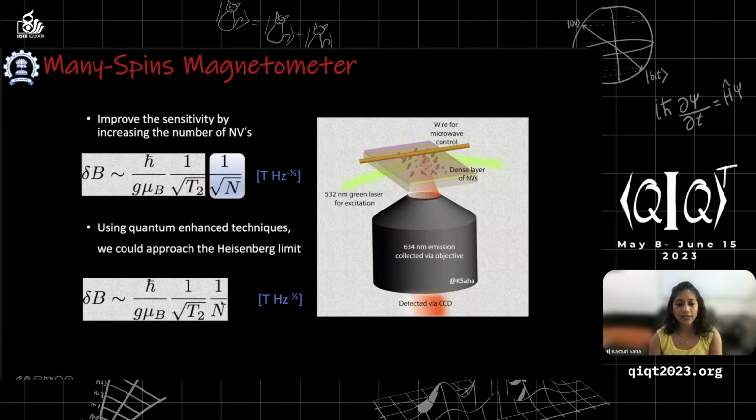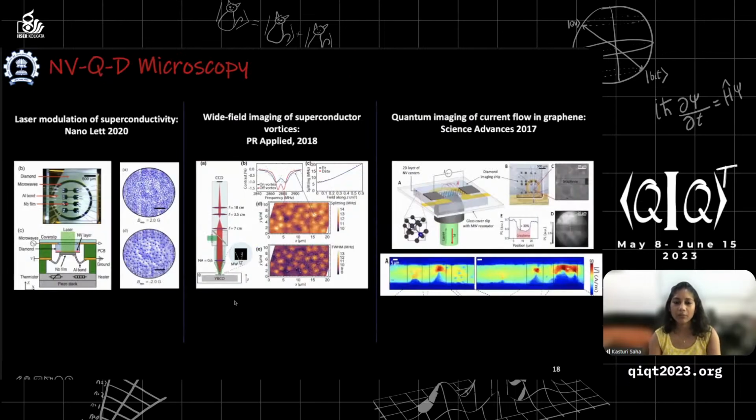Then the sensitivity will go as 1/n, and that is the real power of a quantum sensor, because you can approach the Heisenberg limit with engineered systems of quantum sensing. Now we work in this domain. We are not yet approaching this 1/n scaling, although we are developing strategies for this kind of technique.